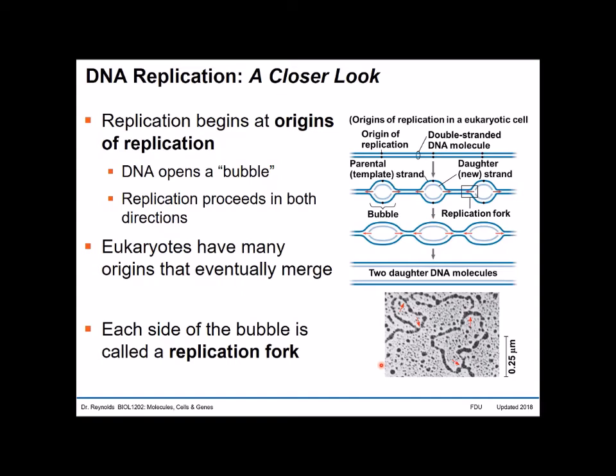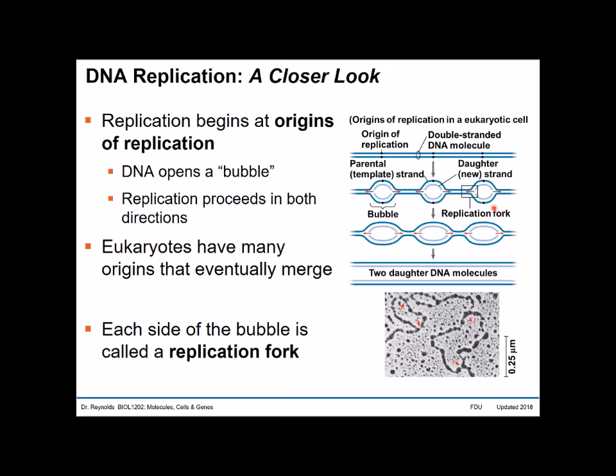All replication begins at sequences known as origins of replication. Eukaryotes have many origins of replication along the length of a chromosome. Each one of these origins of replication opens up into a bubble, and from that bubble, replication proceeds in both directions.